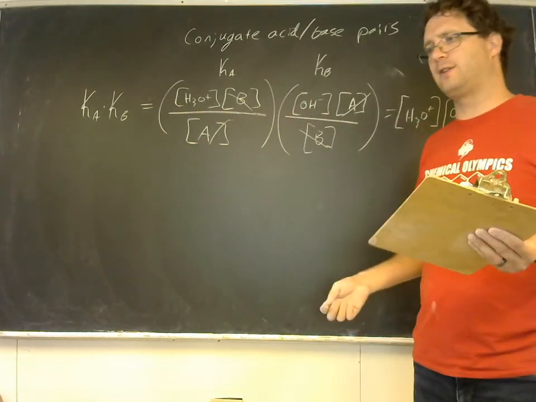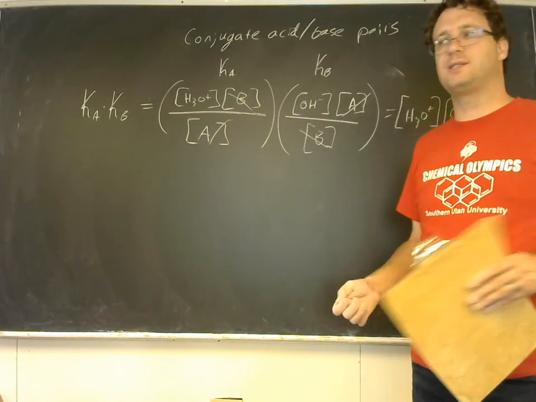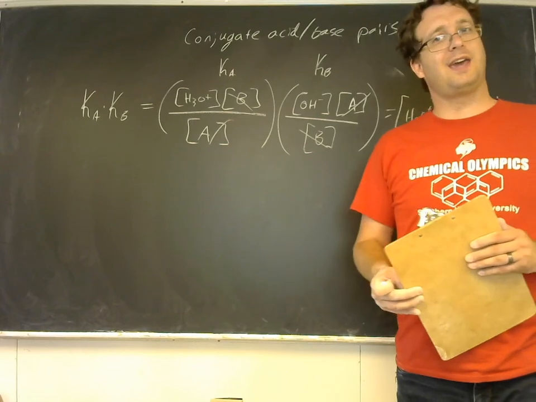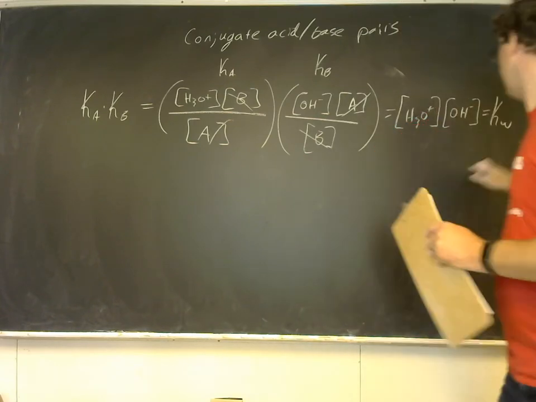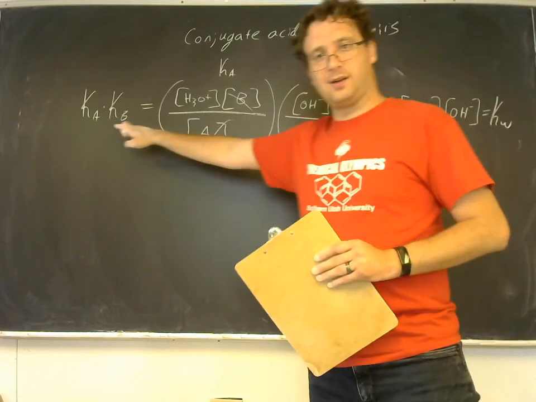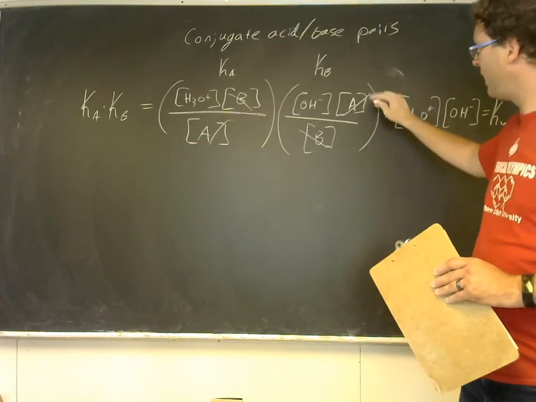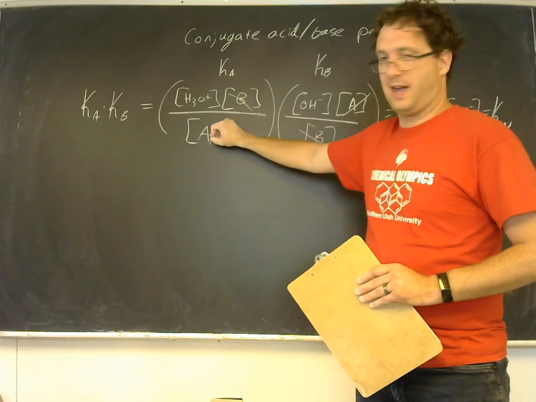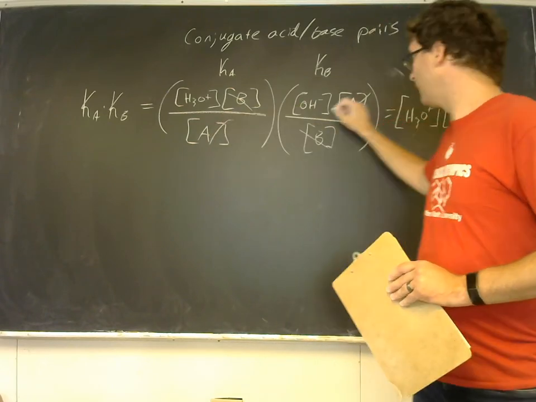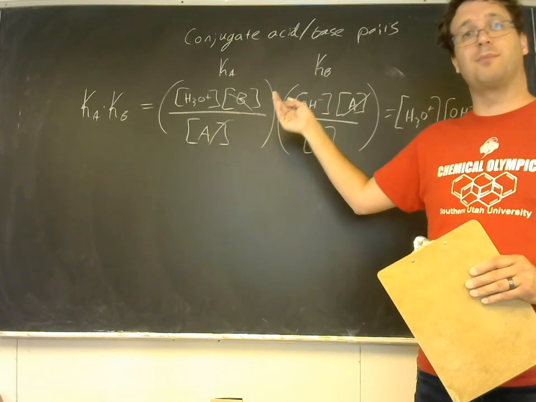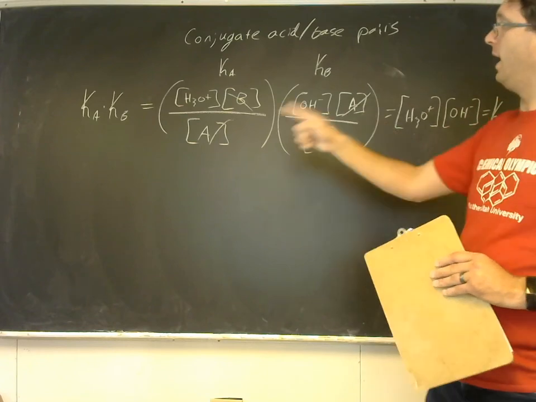And likewise, if I know the Kb value of a base, I can find the Ka of its conjugate by taking Kw divided by the Kb value. And this only works for conjugate acid-base pairs because this acid and that acid are the very same thing in the case of a conjugate pair. Ka times Kb equals Kw.